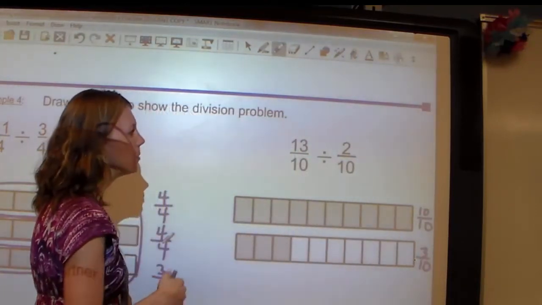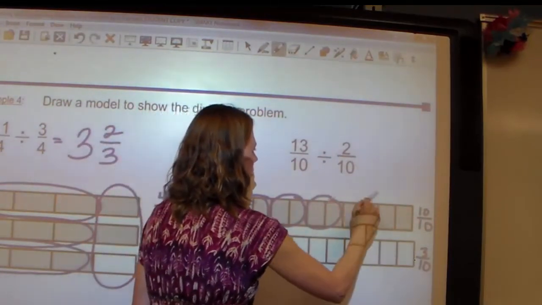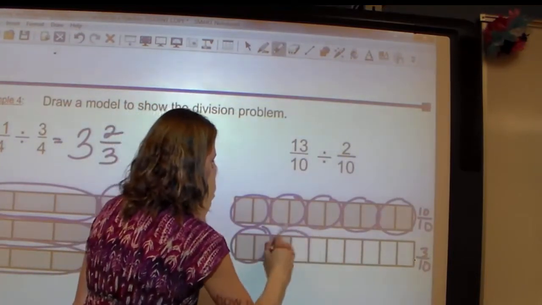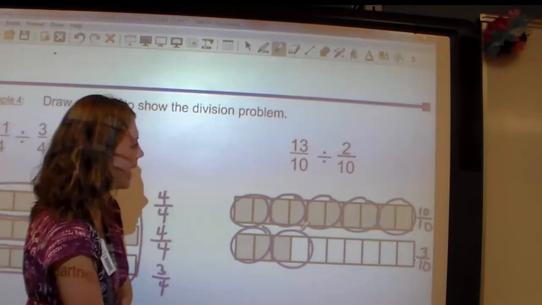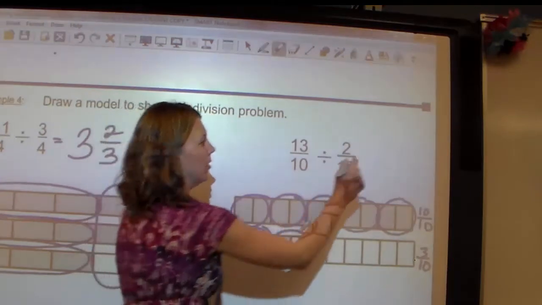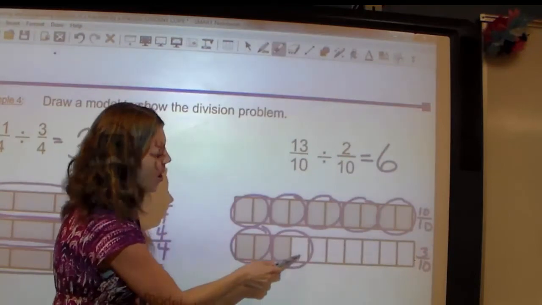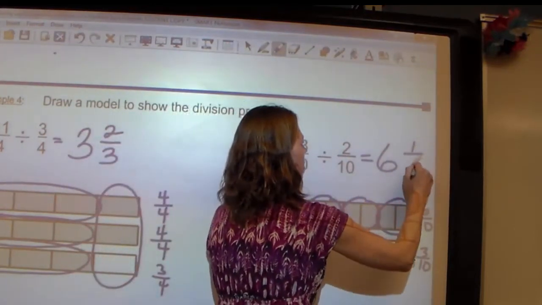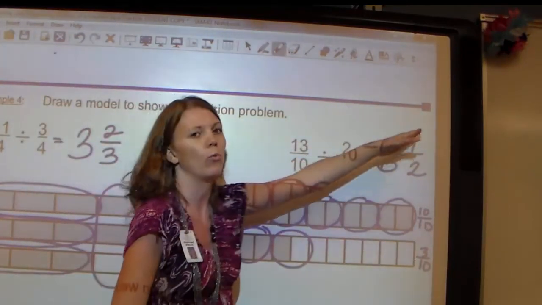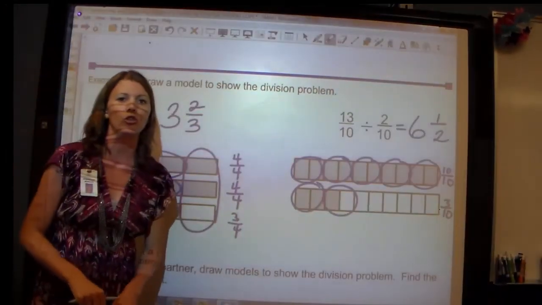And if I need to circle it in groups of 2, I can do it like this, group of 2 tenths, 2 tenths, 2 tenths, 2 tenths, 2 tenths, and then I only have 1 out of the 2, but I still circled 2, and I count how many solid groups I have. 1, 2, 3, 4, 5, 6 are completely filled in, and then this last one, there is 1 shaded out of the 2, so it would be 1/2. Again, if you were to divide 13 by 2, you'll get 6 with 1 left over, so it would be 6 1/2.